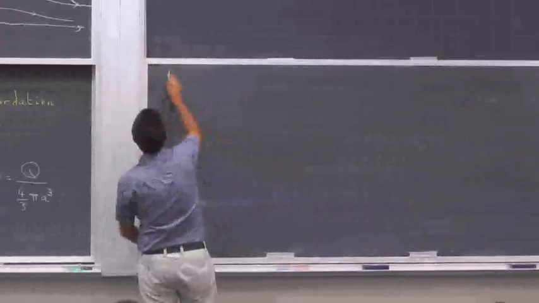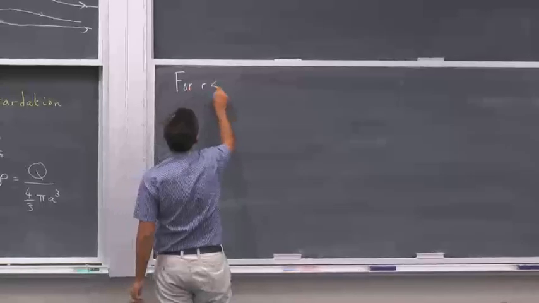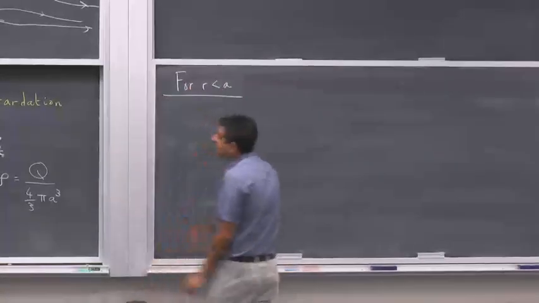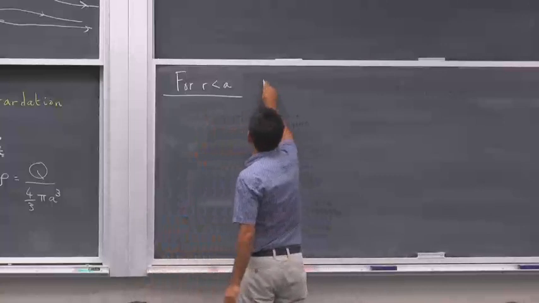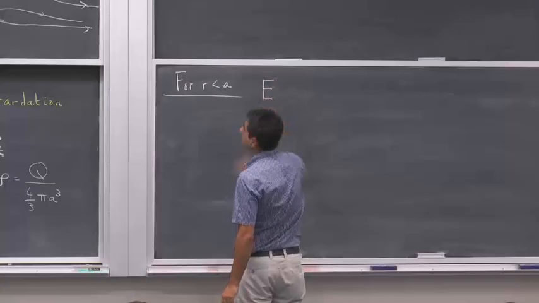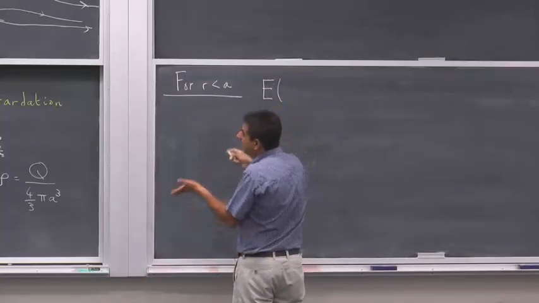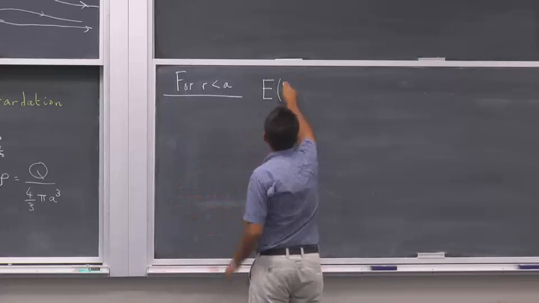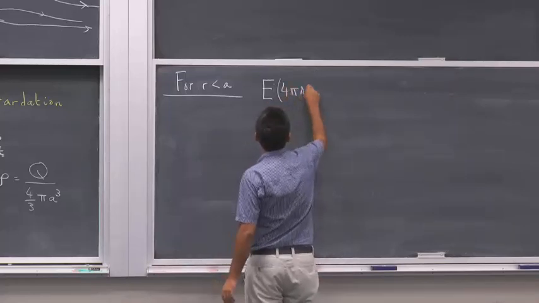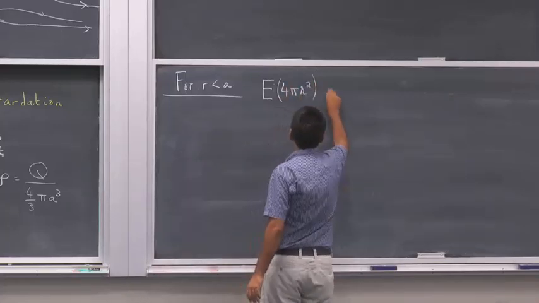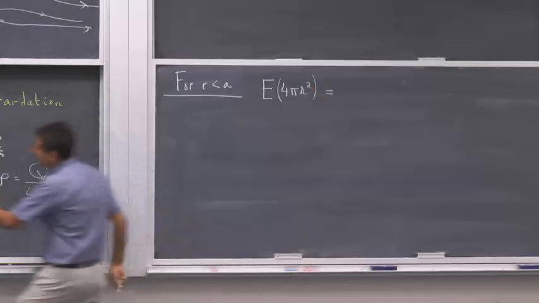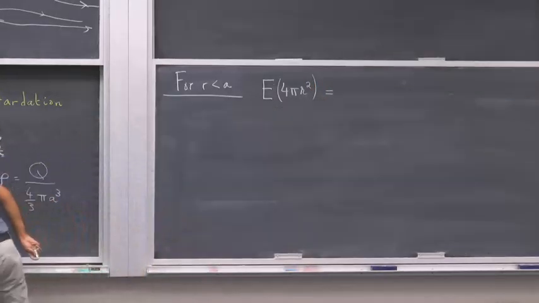So for r smaller than A, that is, I'm inside the insulator, the electric field into dA integrated gives me 4 pi r squared, right? Equals the charge enclosed inside this Gaussian surface.